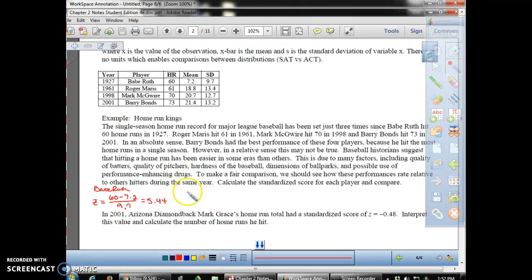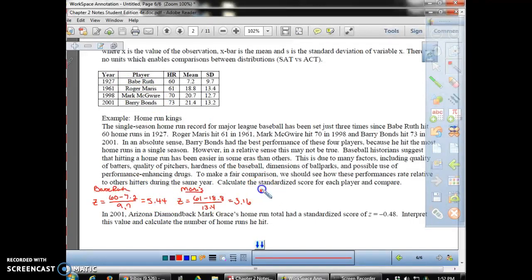And then I'm going to do Maris next. Okay, so Maris has 61 home runs. The average was 18.8, so it went up that year, over the standard deviation of 13.4. For Maris, I get 3.16. So you can already see Babe Ruth is definitely stronger, or has more home runs relative to his time period.